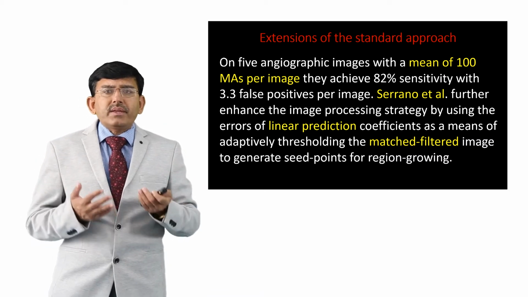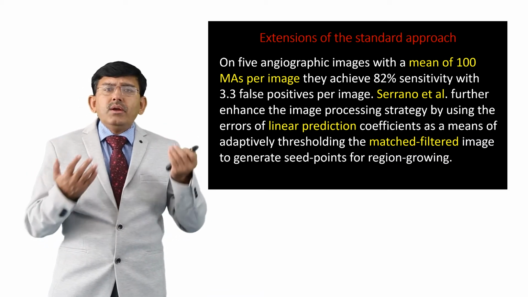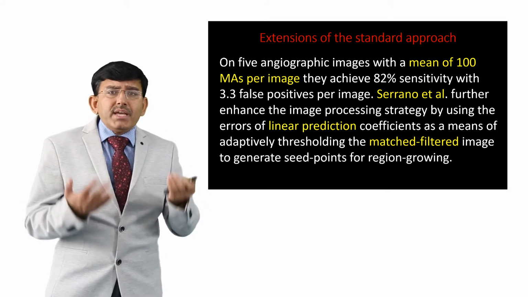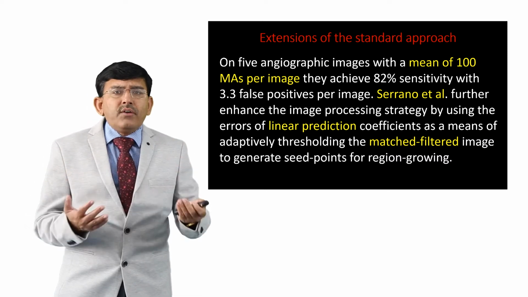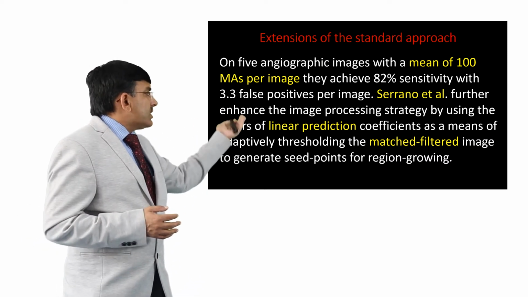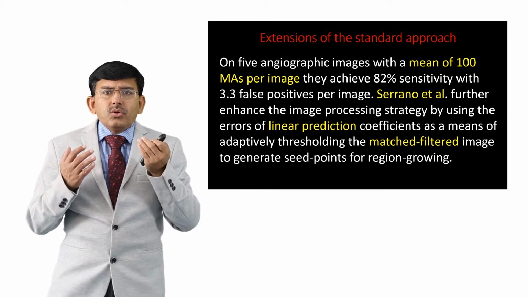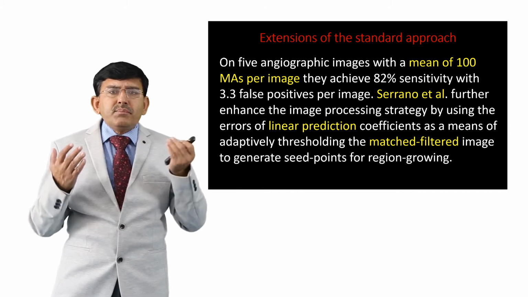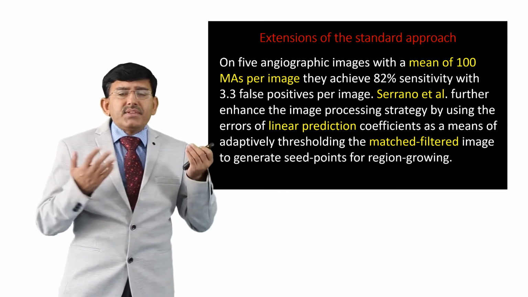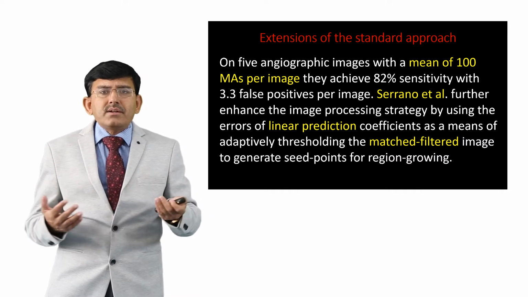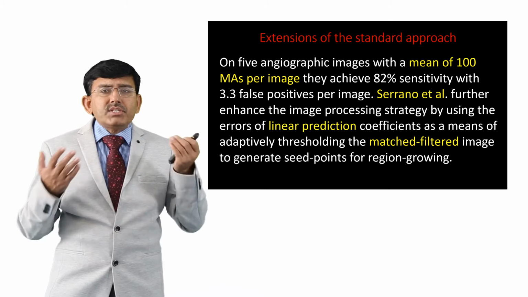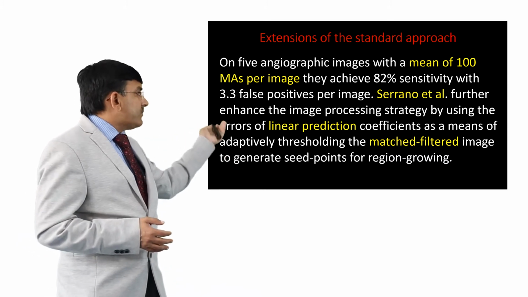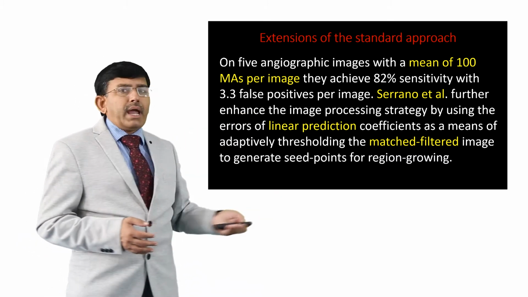On 5 angiographic images with a mean of 100 microaneurysms per image, they achieved 82% sensitivity with 3.3 false positives per image. Serrano and his group further enhanced the image processing strategy by using the errors of linear prediction coefficients as a means of adaptively thresholding the matched filtered image to generate seed points, which can be further utilized for a region growing approach.